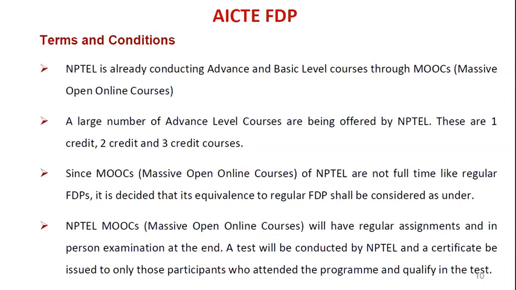Then once you clear the NPTEL certificate with minimum 40 marks, your FDP certificate will automatically be issued. You will get two certificates: the normal NPTEL certificate with completion, and additionally, because of that extra 100 rupees, this FDP certificate. So like that, we have to apply for the FDP certificate for whatever course you are taking.